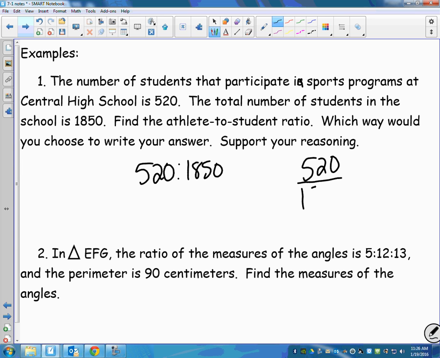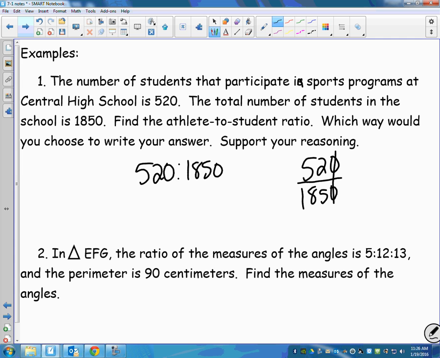Do you think that we should simplify this ratio? I think we should, right? So when it says find the ratio, we should reduce that ratio if we can, either way you do it. So definitely, we can cross the zeros out, right? And if you don't know, your calculator reduces fractions for you. You can just hit 52 fraction button 185. I don't know that it reduces anymore. Nope, it doesn't.